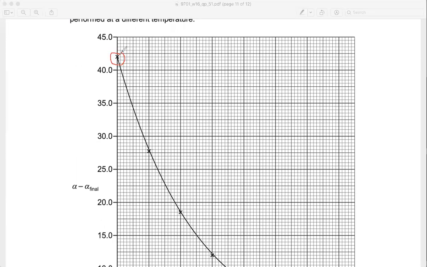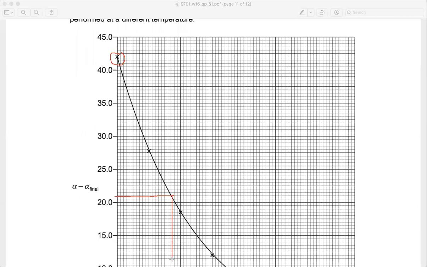Read that point, the x-axis and the y-axis, that's 0, 44, I think, if I'm not mistaken. Okay, so half of 44 is 22, which is somewhere here. Okay, so they want the concentration to go down by half, and more specifically, you have to read the concentration.